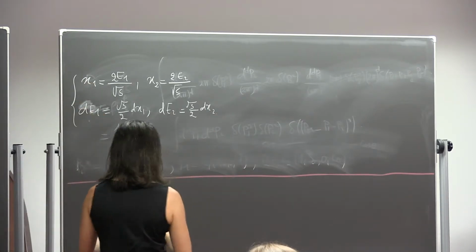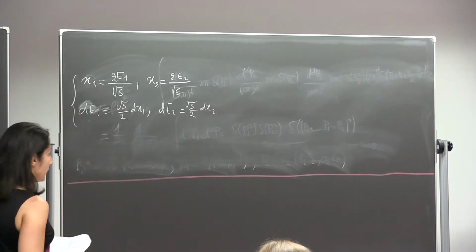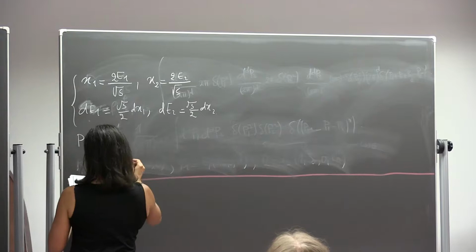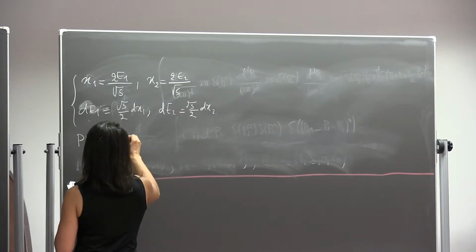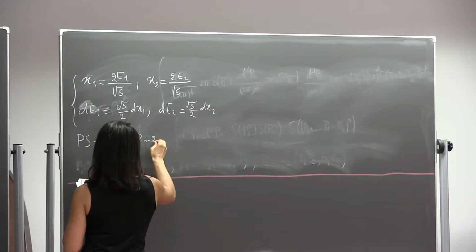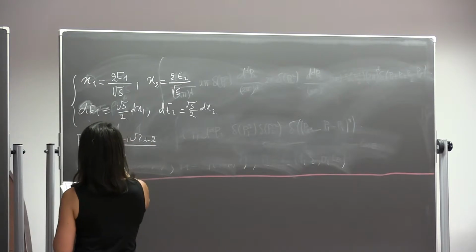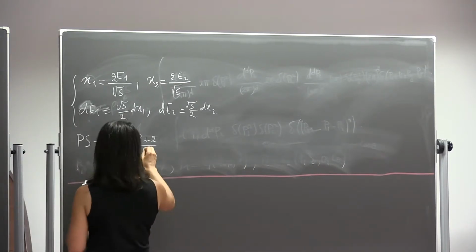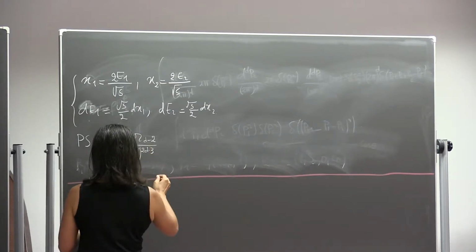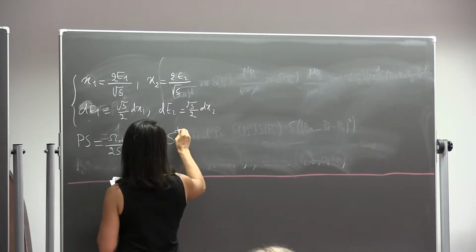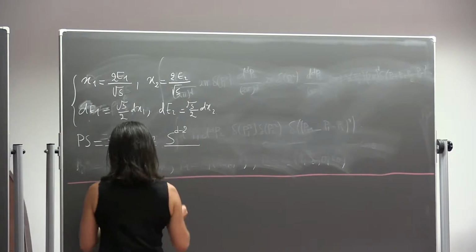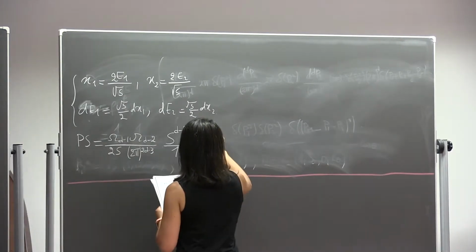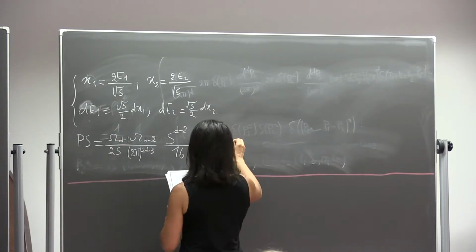All right, so now I go back and plug them into my phase space integral. Now we have the dependence on x1 and x2 explicitly in my integral.